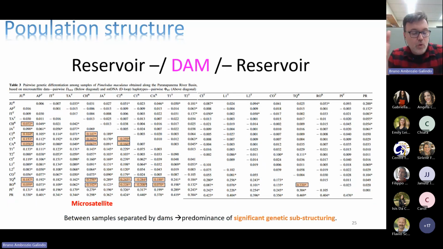On the other side, when we compare different reservoirs separated by a dam, so I have one reservoir, a dam, and another reservoir, we found only the predominance of significant genetic structure values, which means that between reservoirs separated by dams, we have a predominance of significant genetic substructuring.